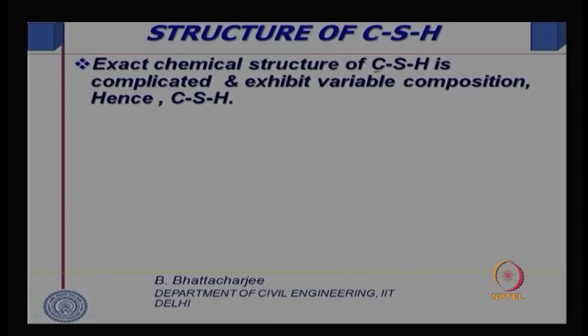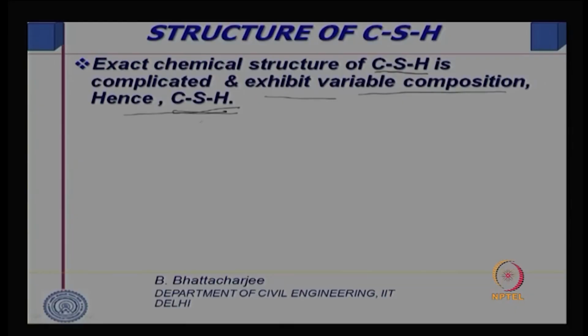So, let us look at the structure of CSH. The exact chemical structure of CSH is complicated and exhibits variable composition, hence we call it CSH. There is a reason we said that it has a gel-like, gelatinous structure, but we do not denote it by an exact formula, because it has a variable formula. So, we generally denote it by CSH.